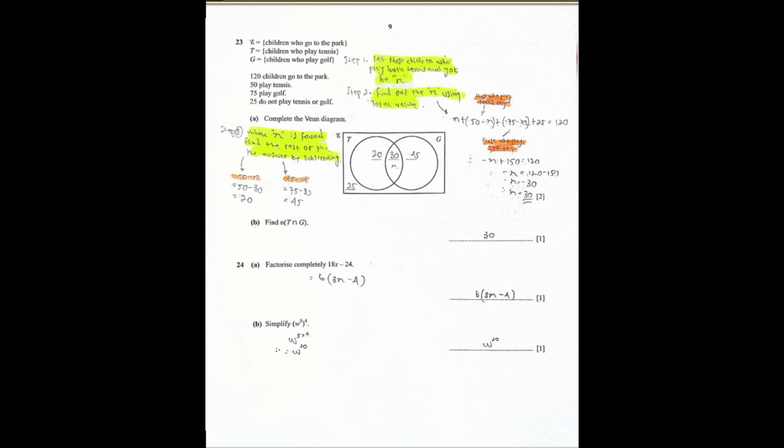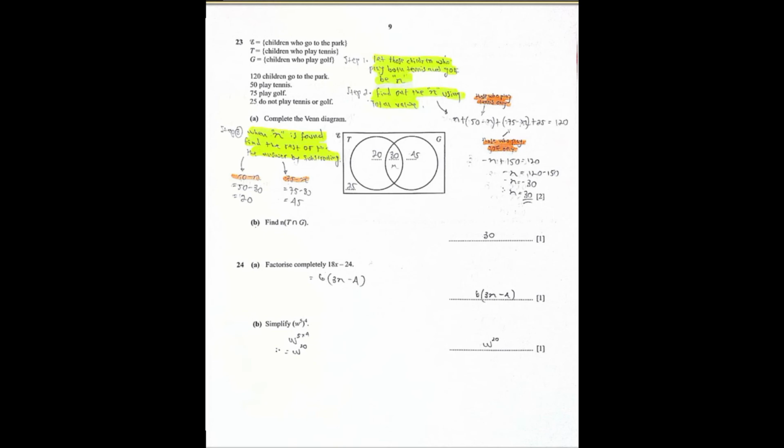Step 2 is to find out the x using the total value that they have given us. In this case, the total number of students will be x plus 50 minus x, which is the students who play tennis only, plus 75 minus x, this is for those who play golf only, plus 25. And this must give me a sum of 120.